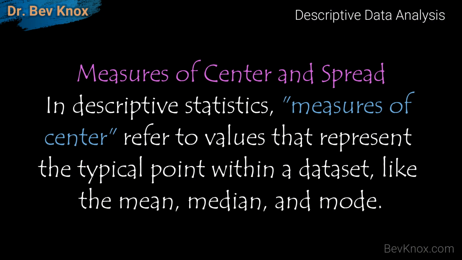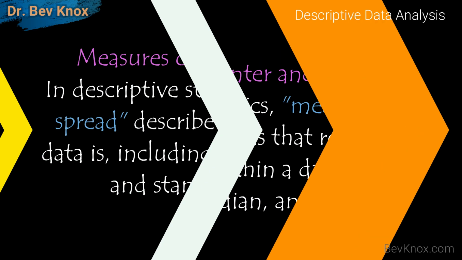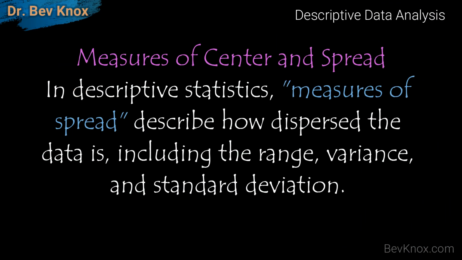Now, please note, descriptive statistics measures of center and spread. Well, what does that mean? In descriptive statistics, measures of center refers to values that represent the typical point within a data set, like mean, median, and mode, while measures of spread describe how dispersed the data is, including the range, variance, and standard deviation.